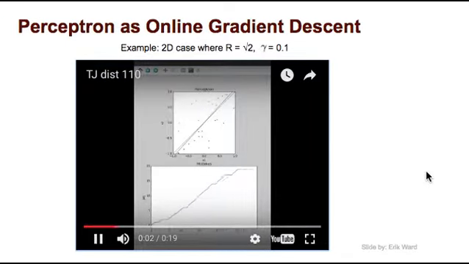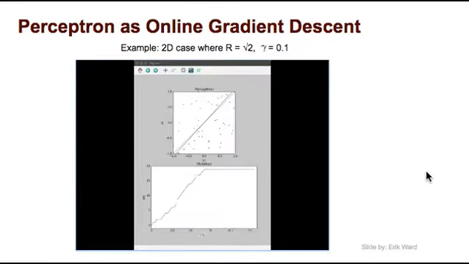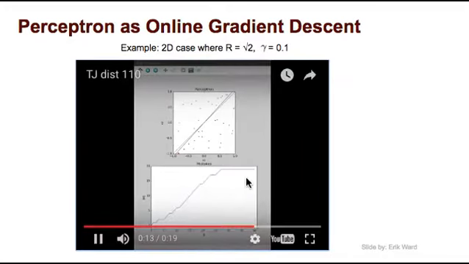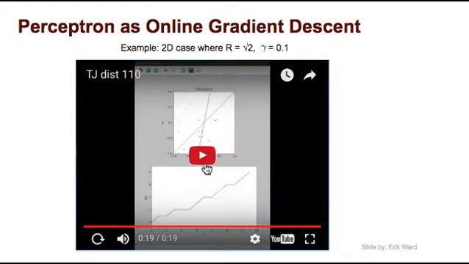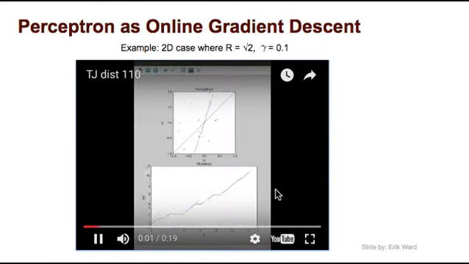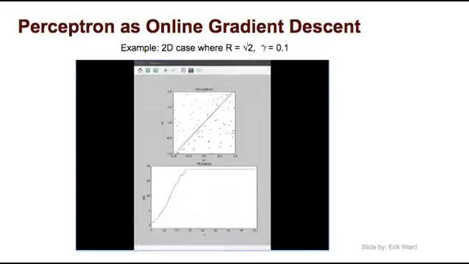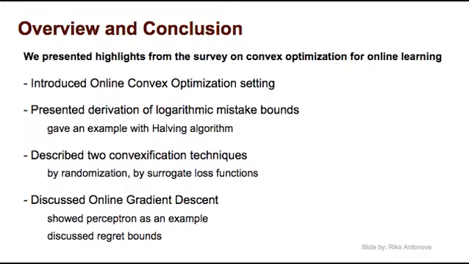This is an implementation of the perceptron using online gradient descent for the following parameters: R equals square root of 2 and gamma is 0.1, and we can see here that the number of errors is actually bounded. The x-axis corresponds basically to the number of rounds. So that's it for the demo.